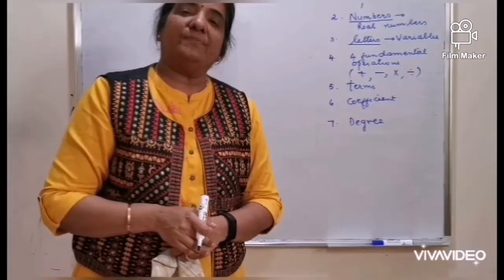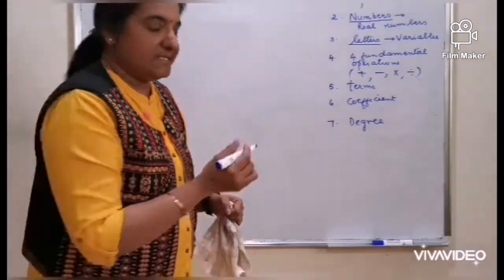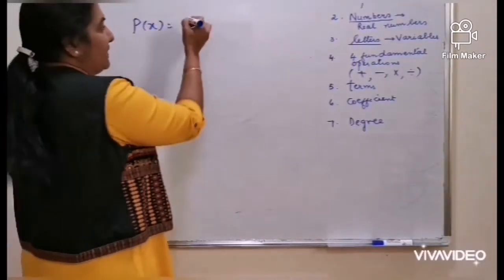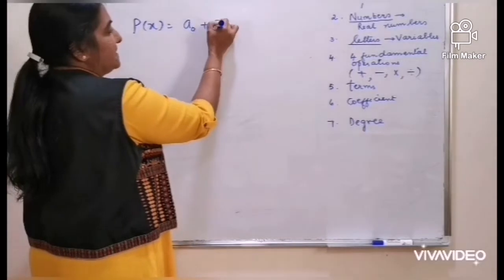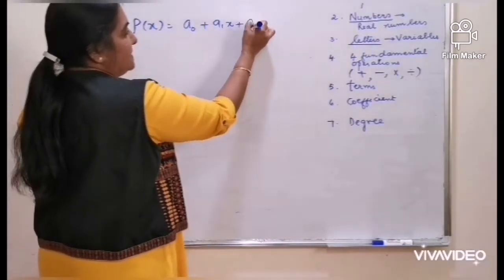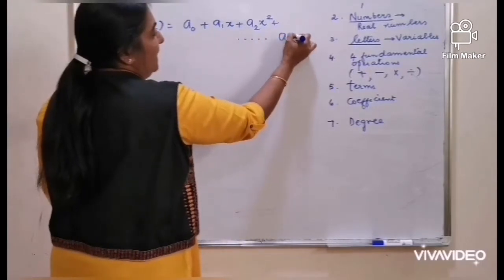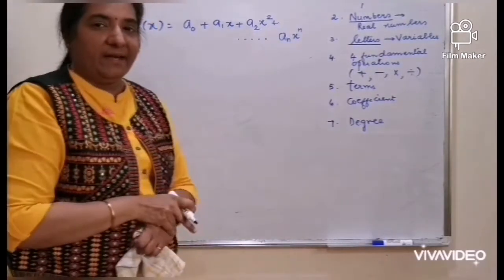The general form of a polynomial is p of x is equal to a0 plus a1 x plus a2 x squared plus etc., an x raised to n.